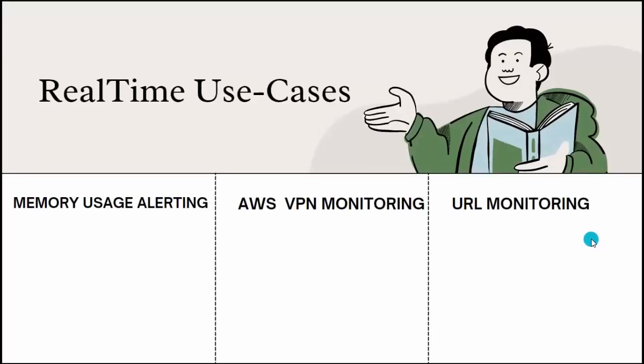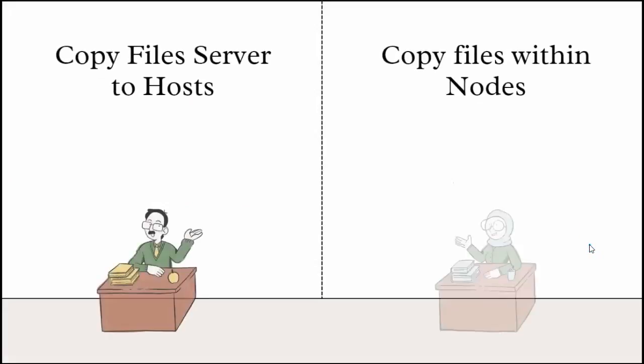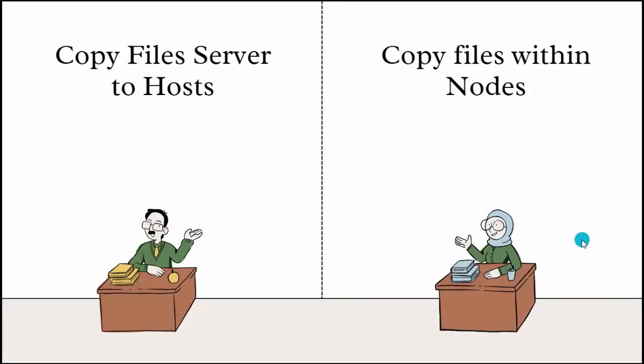And memory usage alert, and URL monitoring. And in AWS VPN, if the VPN link goes down, how to do monitoring using Ansible, and how to copy files from the Ansible server to all Ansible hosts.